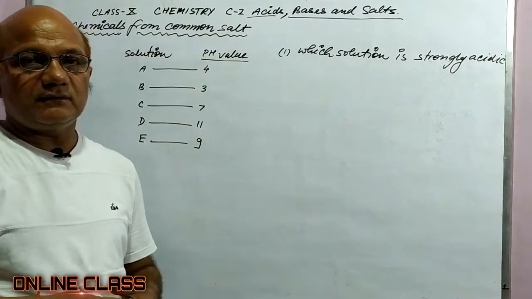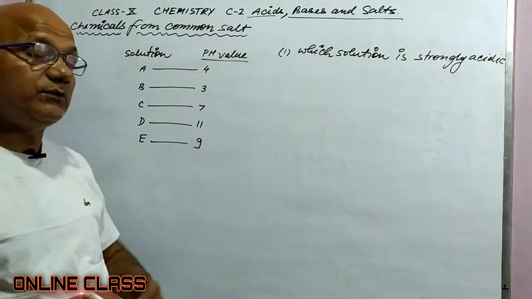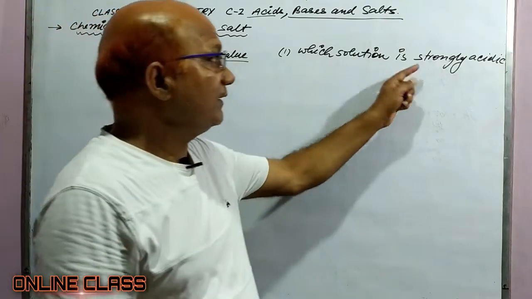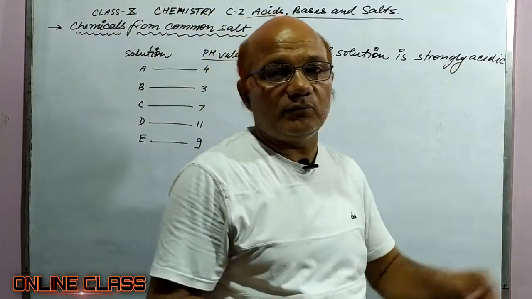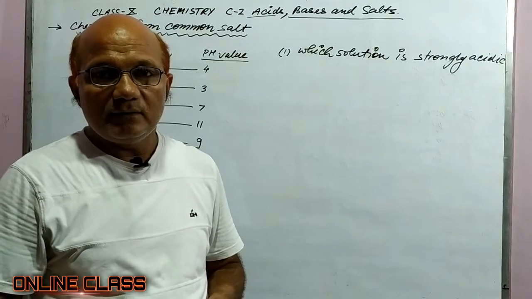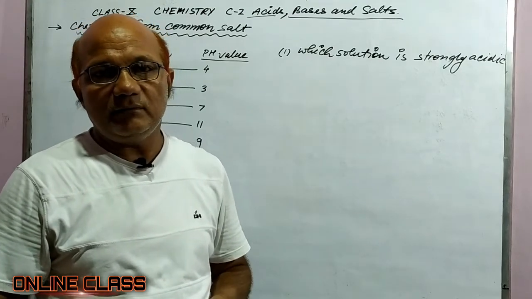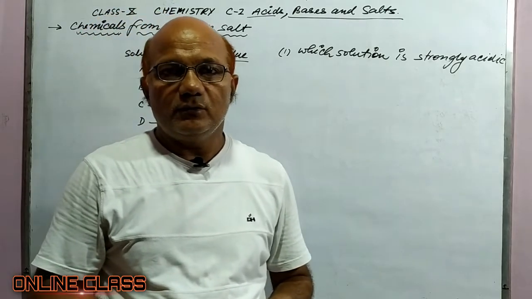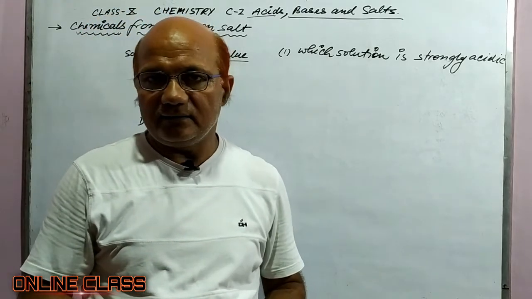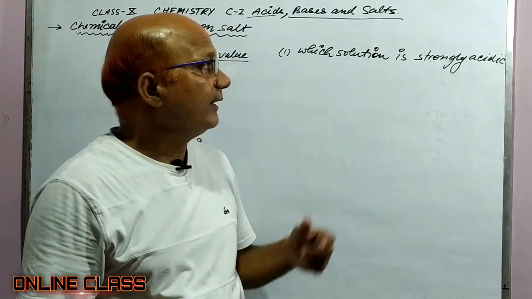To answer this question, first of all, see the pH values. Solution is strongly acidic, you have to name the solution. So, it means the solution is acidic. First of all, find out which solutions are acidic, then you can say which solution is strongly acidic.